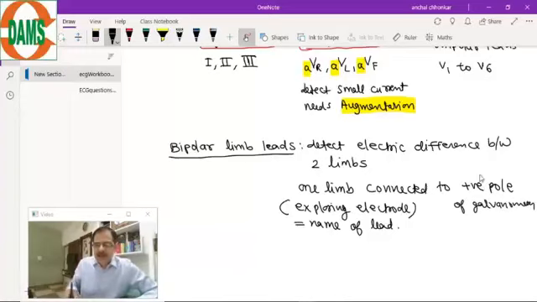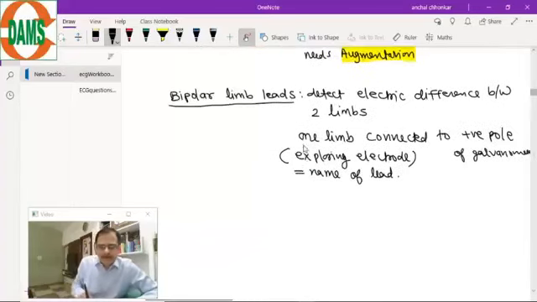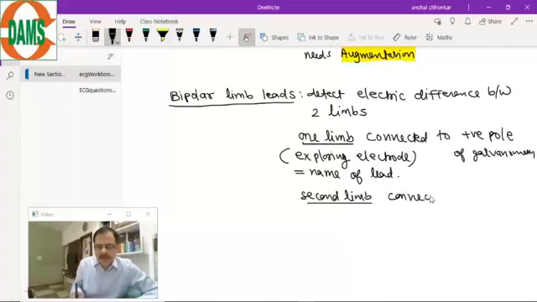Now the second limb is connected to the negative pole of the galvanometer.